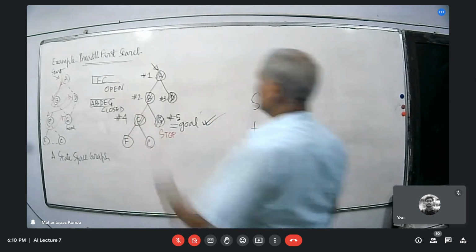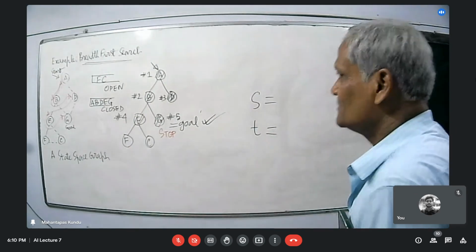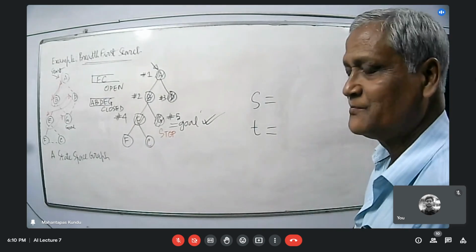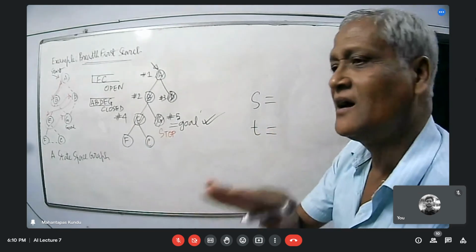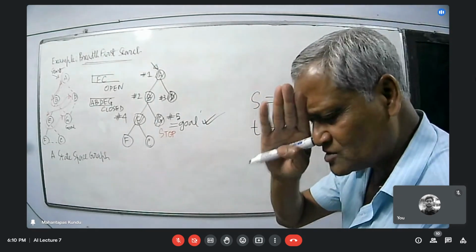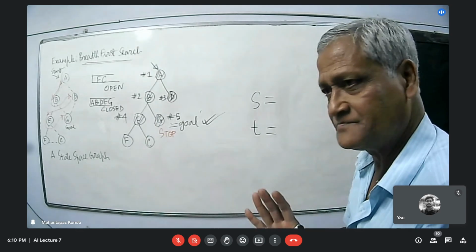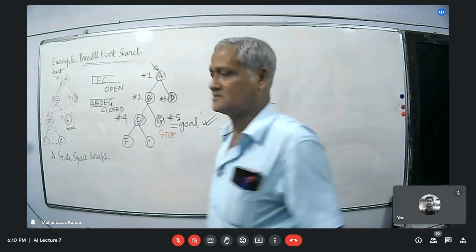Now, you should note here that if the goal is at depth D, breadth-first search should continue search the state space up to depth D, at least. Definitely up to depth D, it has to continue search.